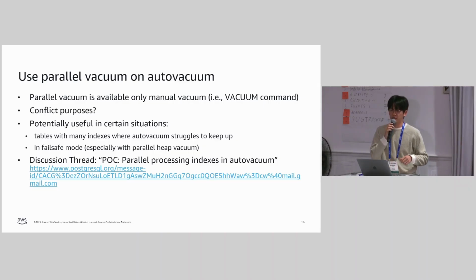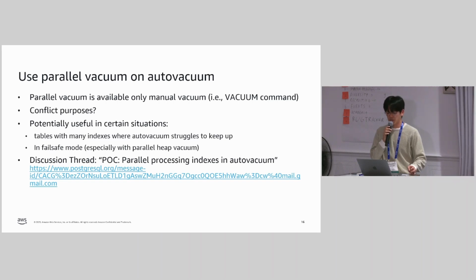But I see potential use cases, for example, vacuuming a large table with many indexes where autovacuum struggles to keep up. I think in that case, it makes sense to speed up autovacuum even if we use more resources. And also, as I mentioned before, once we have a parallel heap vacuum, it would be suitable for the failsafe mode.